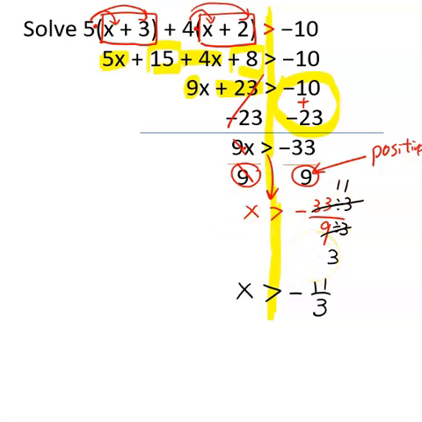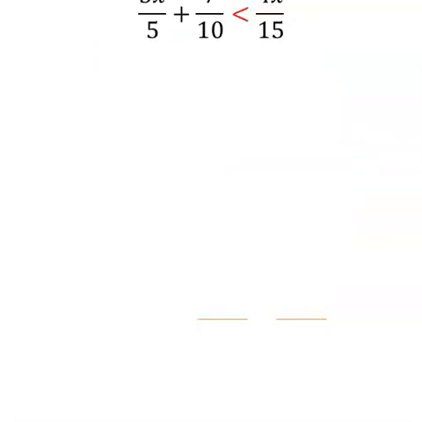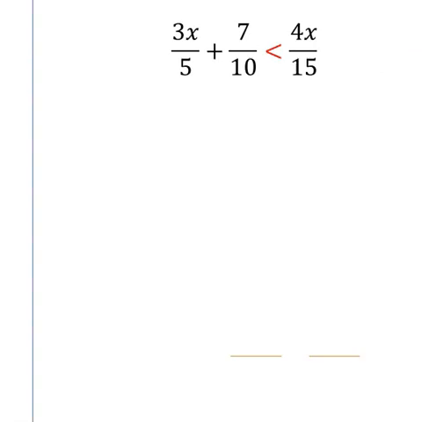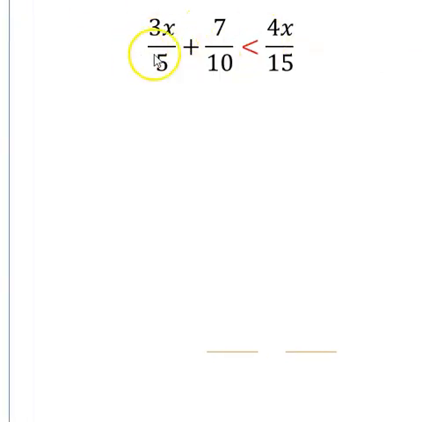Okay, so in the second example, we're going to look at an inequality with fractions. In this case, we previously learned how to solve equations.